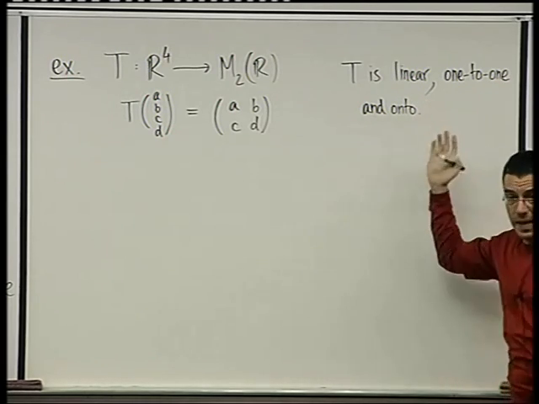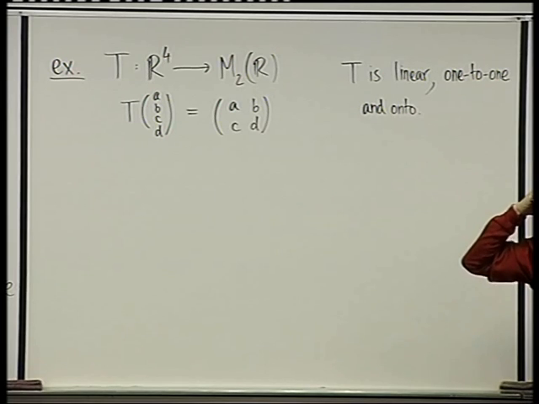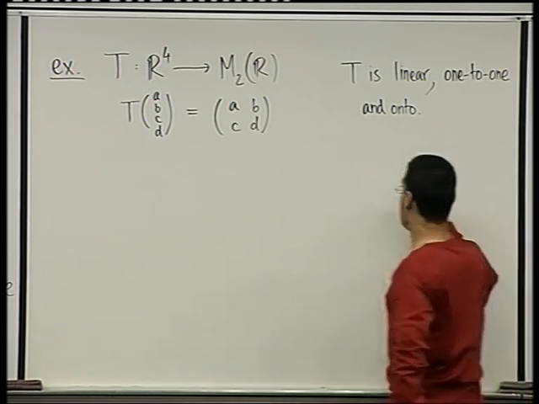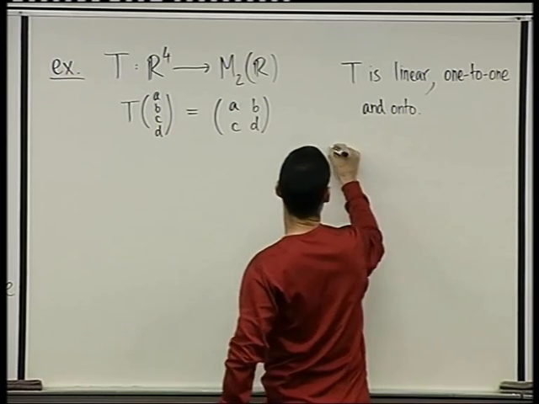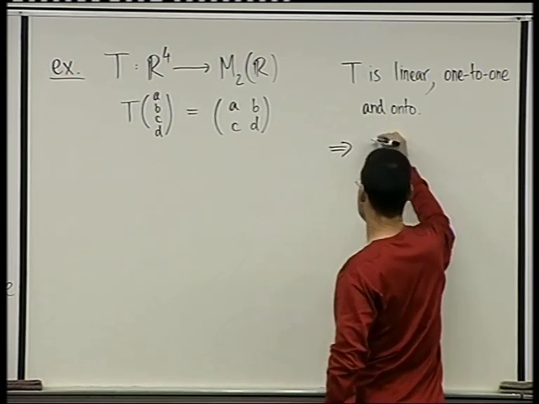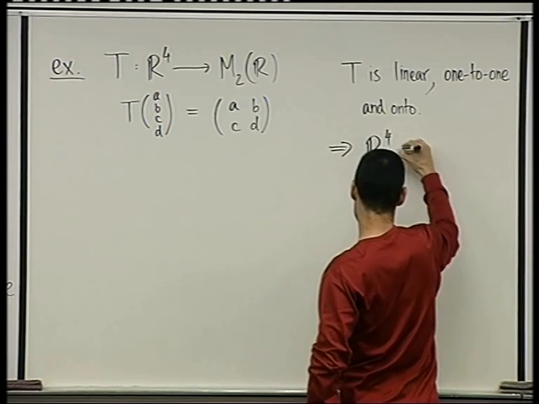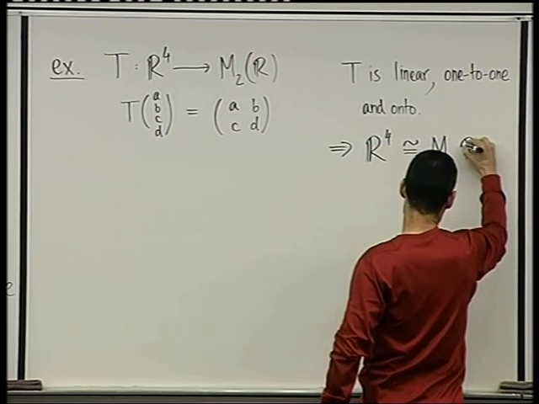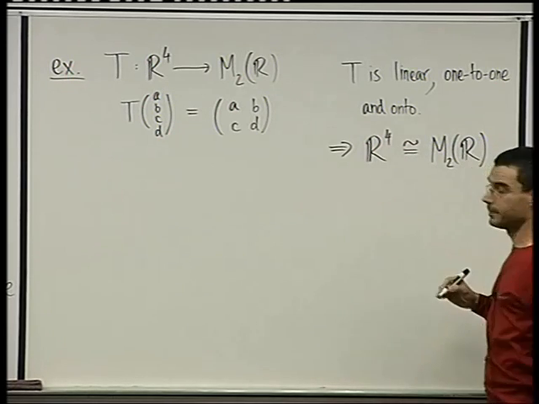And all of these facts are very easy to check, so I'm not going to write the details. We said them, okay? And therefore, these two spaces are isomorphic. R4 is isomorphic to 2 by 2 matrices over R.